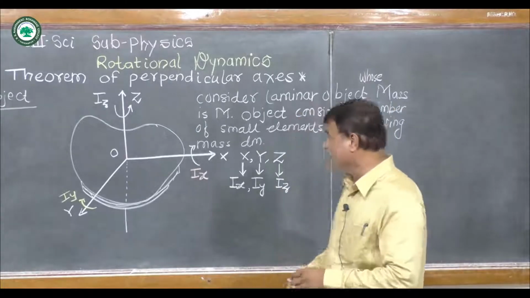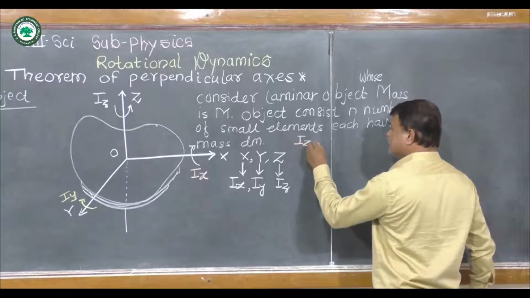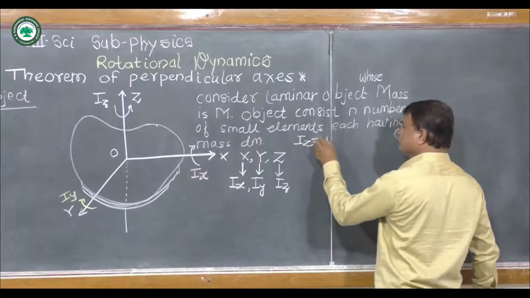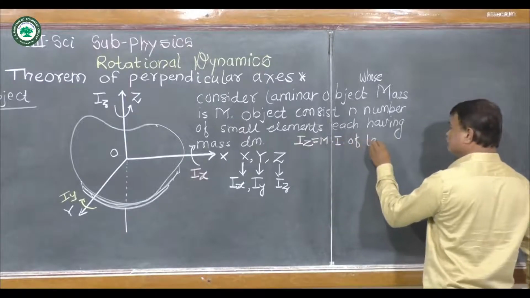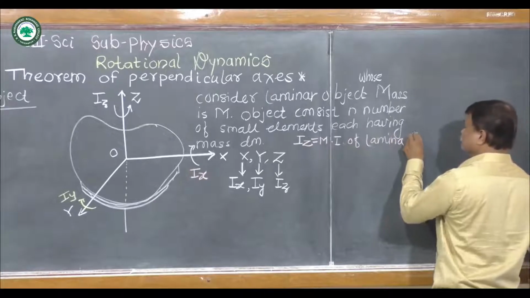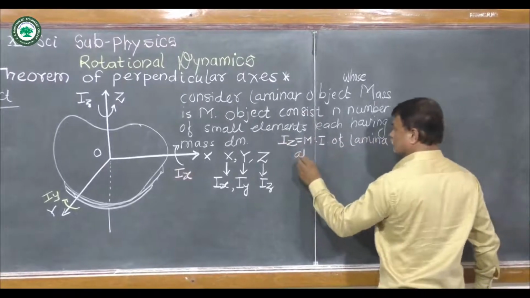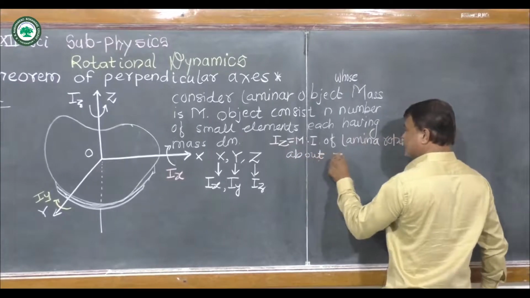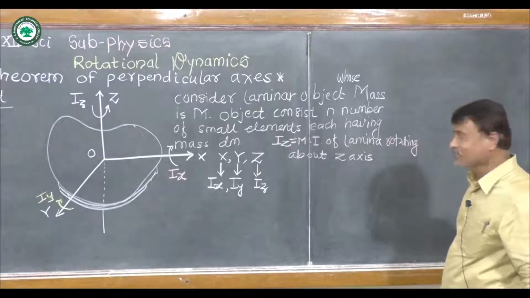In a simple manner, we can write Iz is the moment of inertia of the lamina rotating about the z-axis. This lamina is rotating about the z-axis.